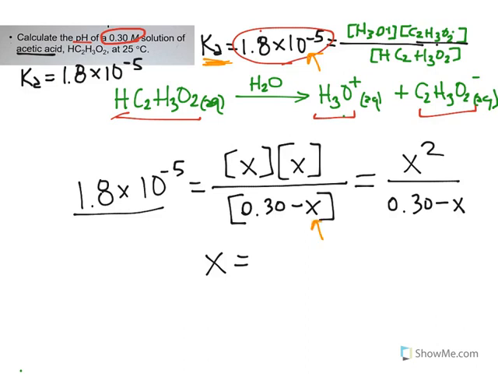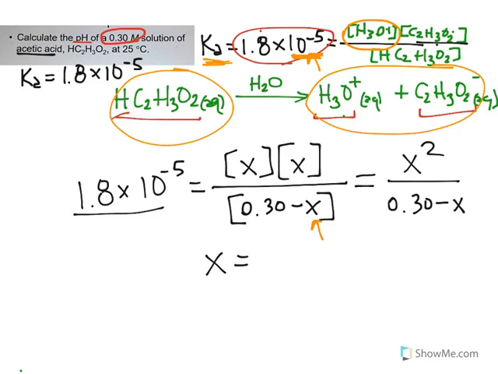That means that your X, your amount of hydronium that is existing, is going to be extremely small. Let's think about it. Ka is the ratio of products over reactants. If Ka is very, very small, that means you have a very, very small concentration of your products.